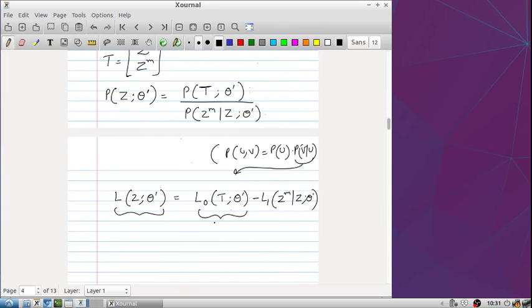So EM, at least in the M step, is actually maximizing this. What we want to maximize is this. EM is only maximizing at least this guy. Then there's this additional term which we are essentially deleting. The claim is that EM is not just doing the M step; it's also doing the E step and so on.